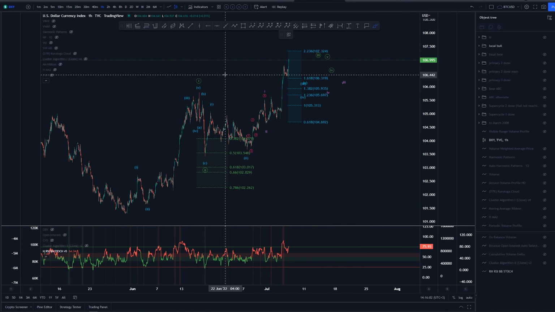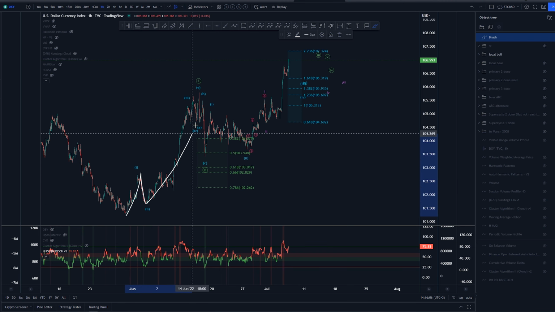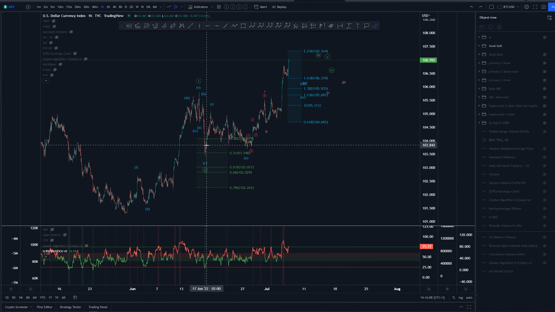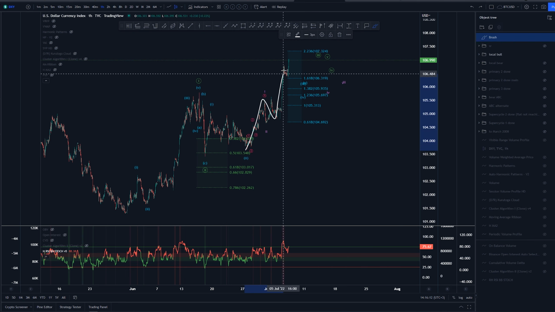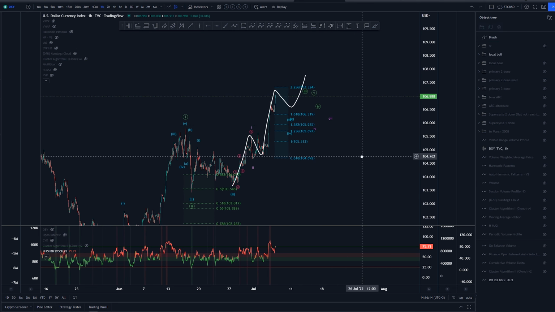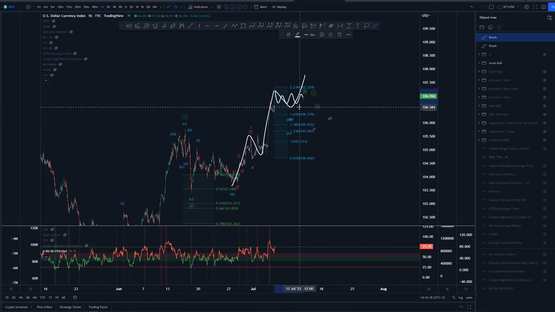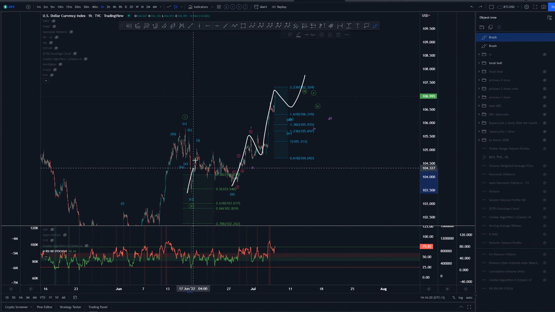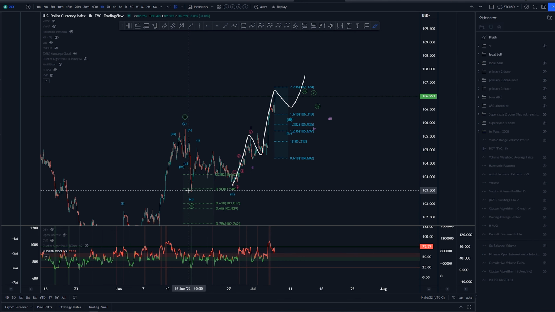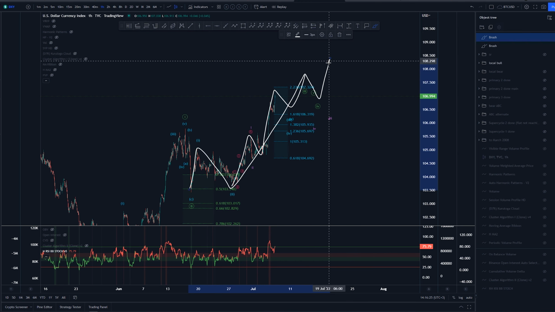Overall, if we are saying that indeed we have this as a 1, 2, this would be 3, 4, and 5. 1, 2, then let's see, 1, 2, 3, 4, and 5. Possibly one more high after this point, after some kind of consolidation here, to get a partner leg for this as a 1, 2, 3, 4, and 5.